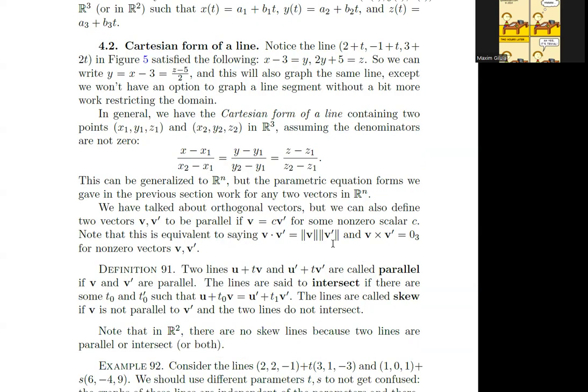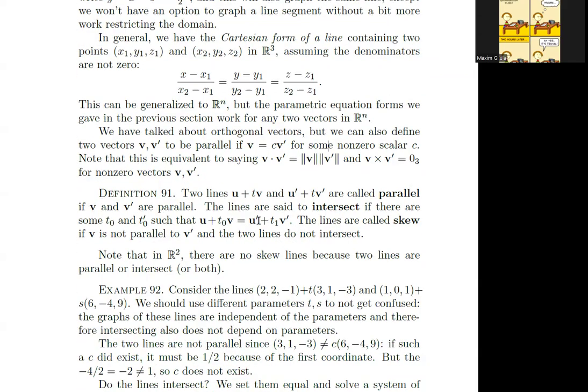So we talked about orthogonal vectors, but we can also define two vectors to be parallel if v is cv prime for some non-zero scalar c. And then we could talk about lines being parallel. u plus tv and u prime plus tv prime are called parallel if v and v prime are parallel.